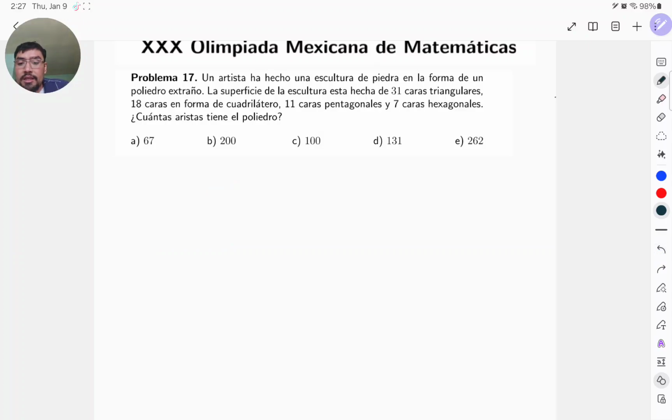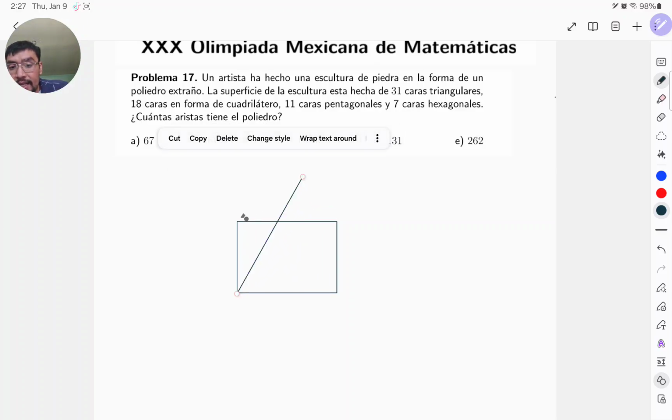Let me draw it better, but it's supposed to be a pyramid.